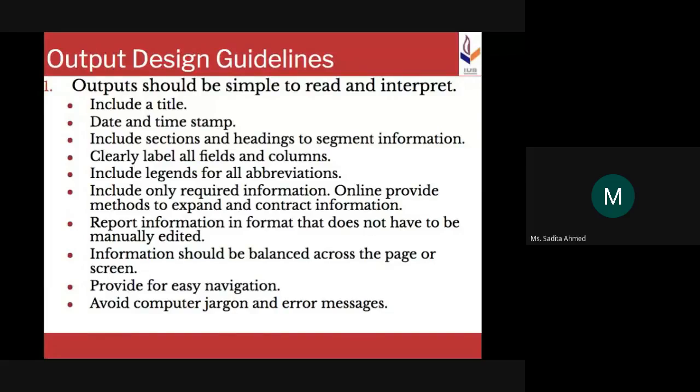And another thing we've talked about as well: avoiding terms that the user is unfamiliar with, computer jargon or error messages. Always display in such a manner that is easily understandable to the user.